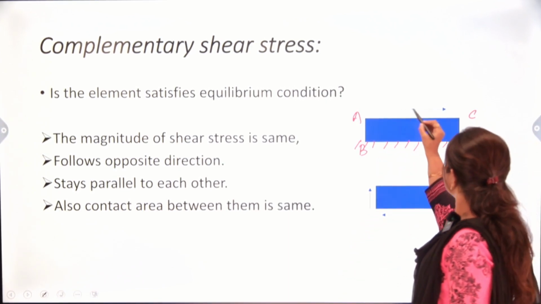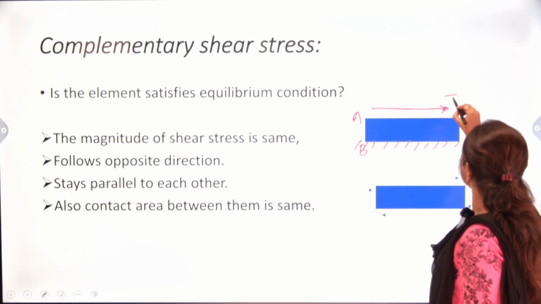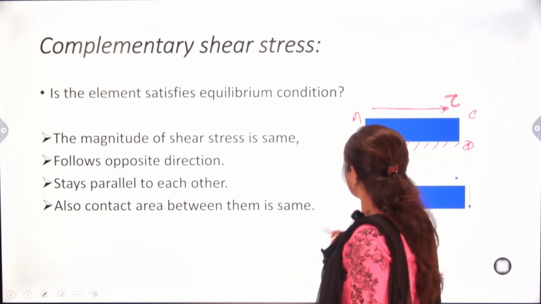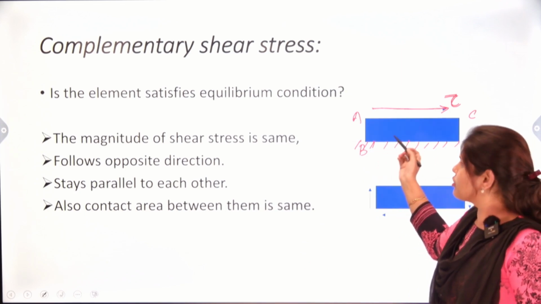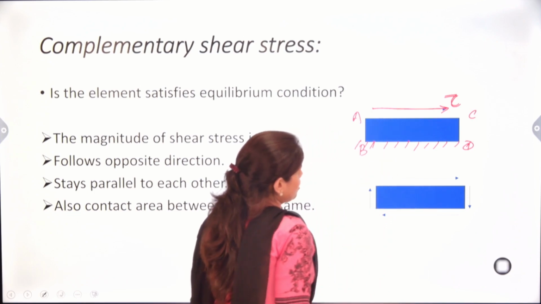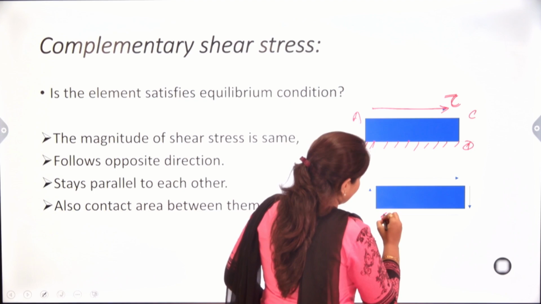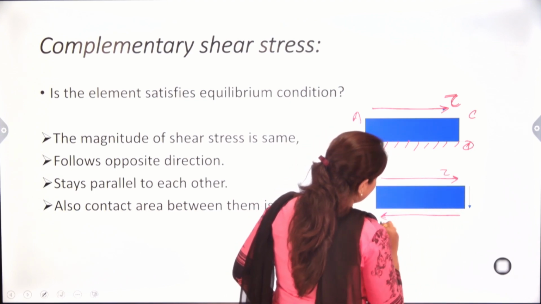Here one shear force will act and we will name that tau. To know if the rectangle is in equilibrium or not, we will free the end support. After freeing the support, what happened? Here also one shear force will be produced.